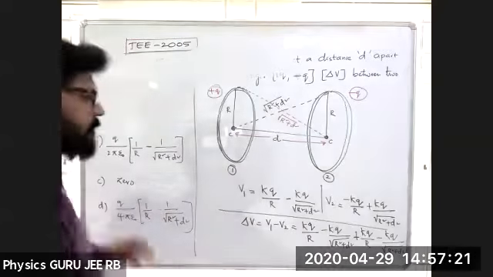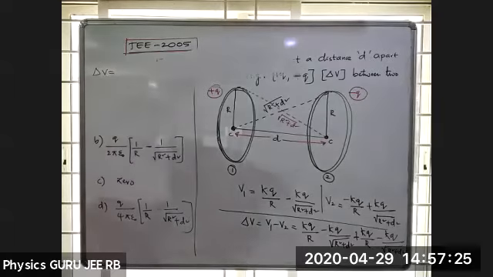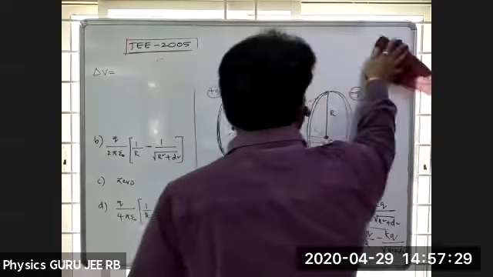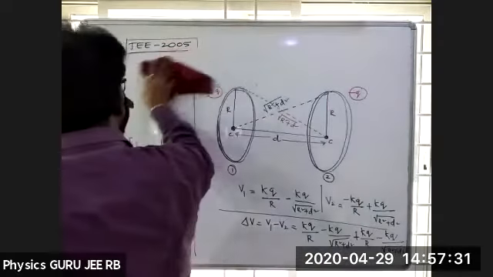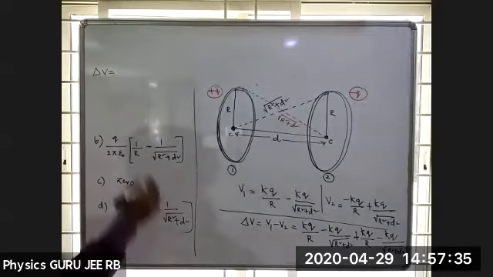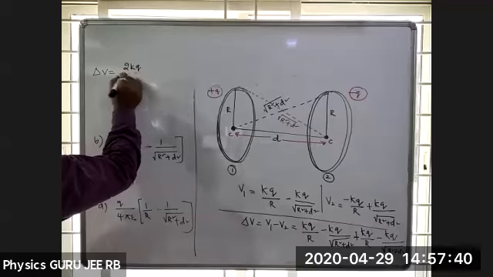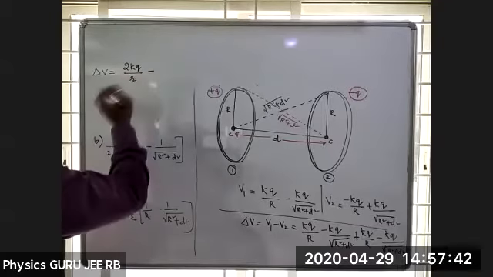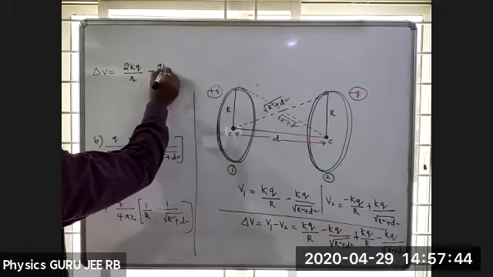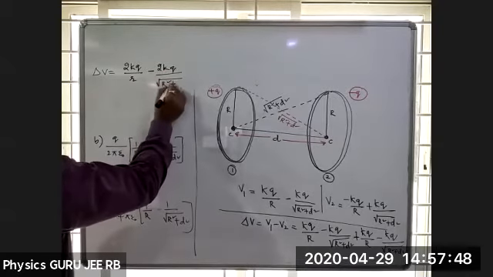Now, simplification of that: delta V equals, further simplification, 2KQ divided by R minus 2KQ divided by under root of R square plus D square.